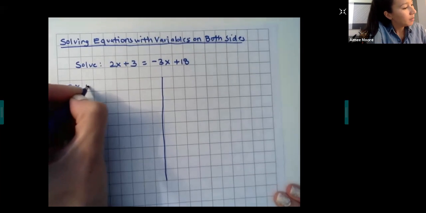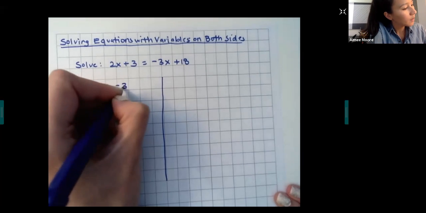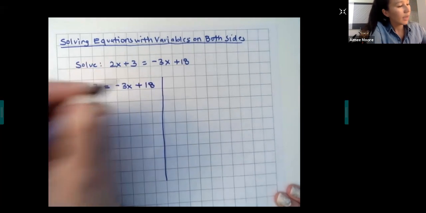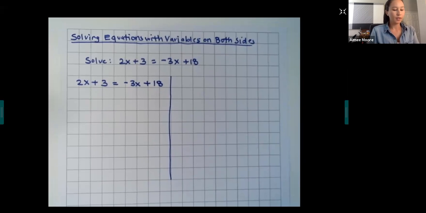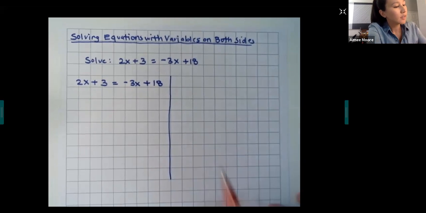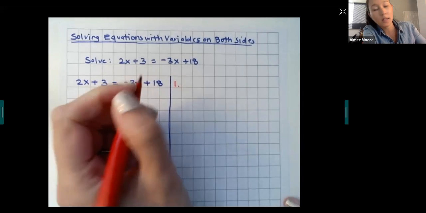Copy down the problem. So again, we're just adding in one new step. So that new step is we have to get all of the x's together.